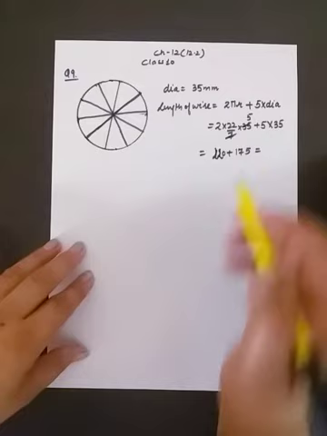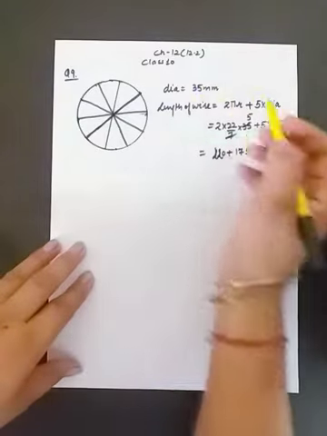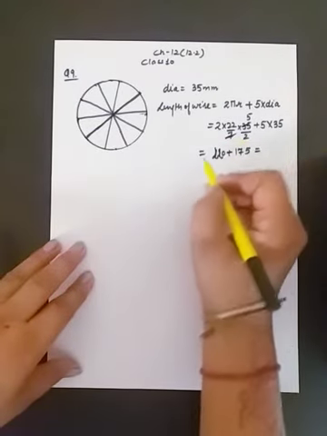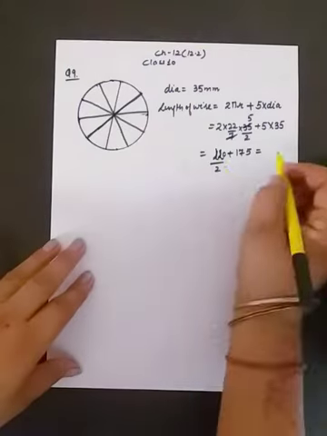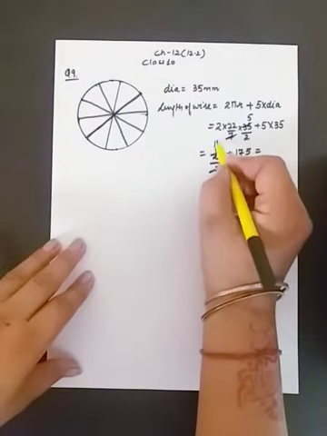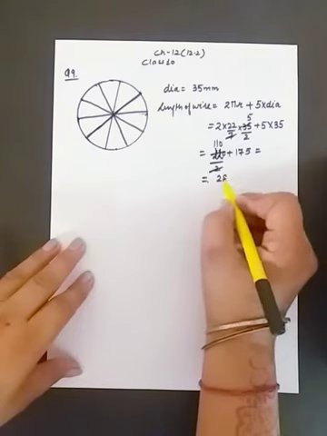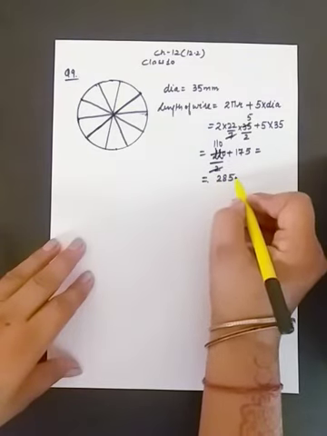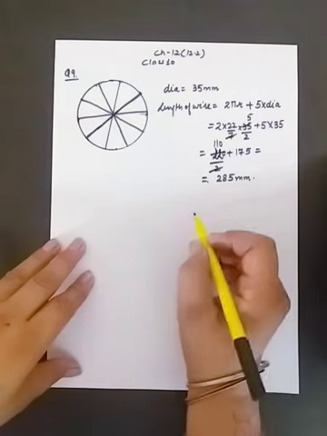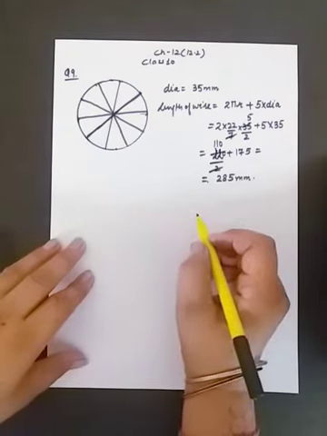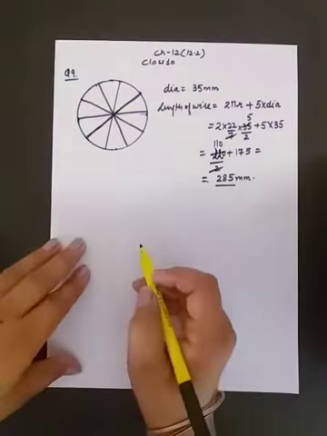Sorry, this is diameter, so we have to divide it by 2 also. It will be 285 millimeter. So length of wire is 285 millimeter.